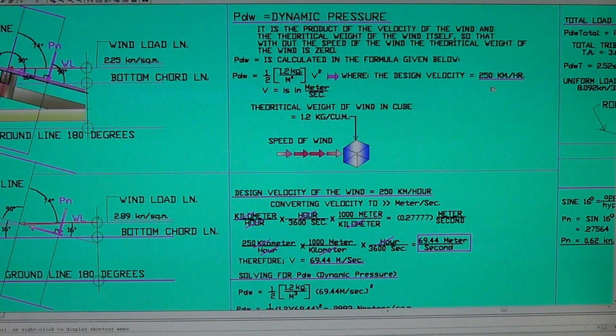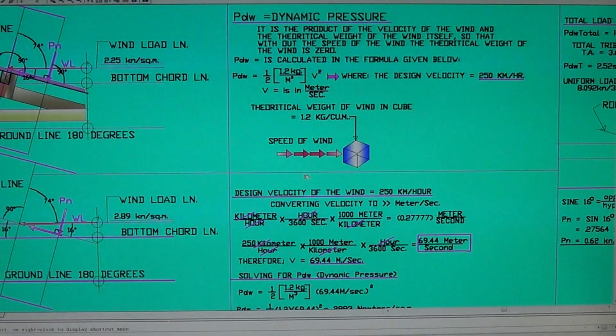In parts of the world that are rainy and sunny and have typhoons, a strong wind like this usually goes over 350 kilometers an hour. So I just designed this to be in between, at 250 kilometers an hour.